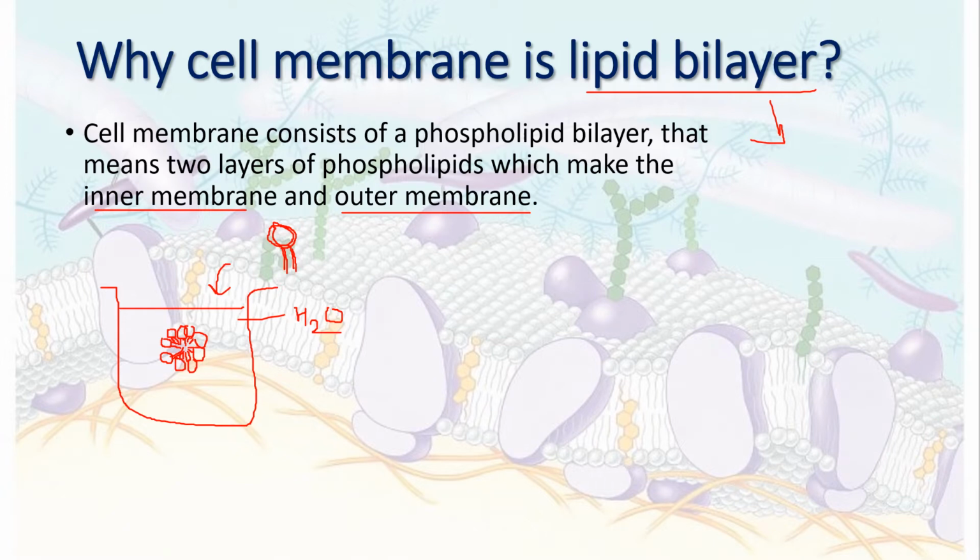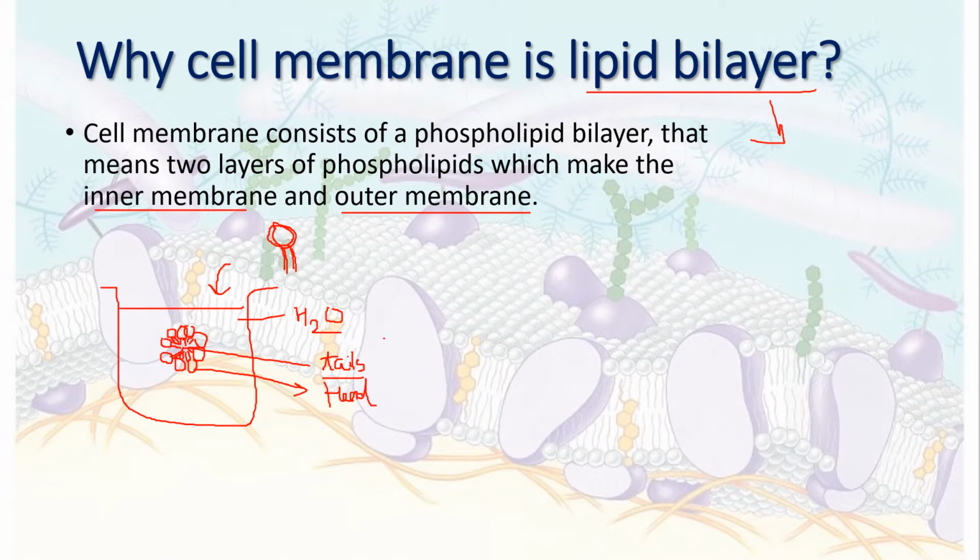Just like that, these phospholipid molecules form a sphere inside the water, where the interior of the sphere is occupied by tails, because these are hydrophobic, and the outer portion of the sphere is occupied by heads.